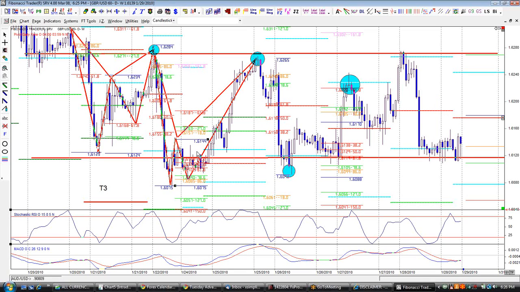Let me show you another one. I need to delete some fibs here, or I can just draw it. I'm sure most of you guys would be able to see it right away.